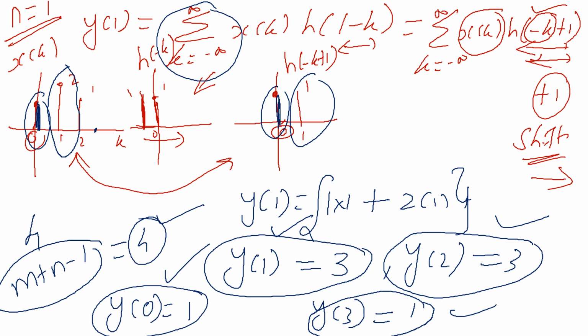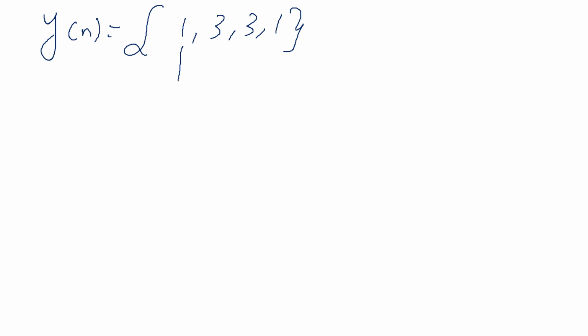So finally, what is our resultant y of n? The resultant y of n can be written as 1, 3, 3, 1. We must place the origin correctly. Where is the origin? In x of n there were some values, and the origin there is the first point. For h of n also it is the first point.